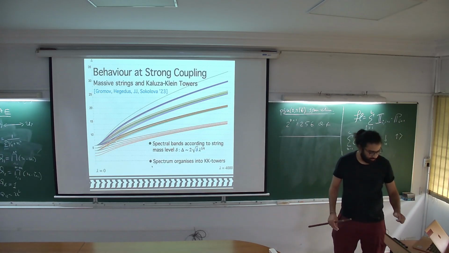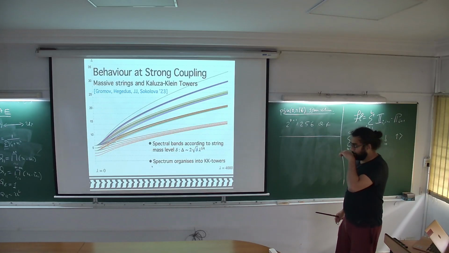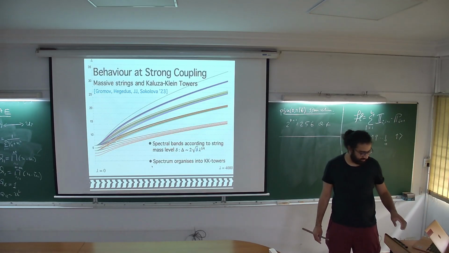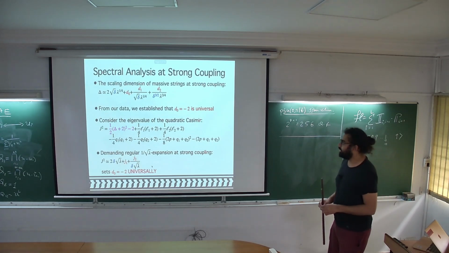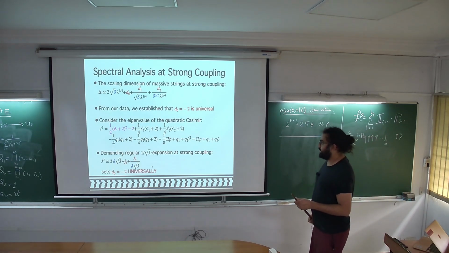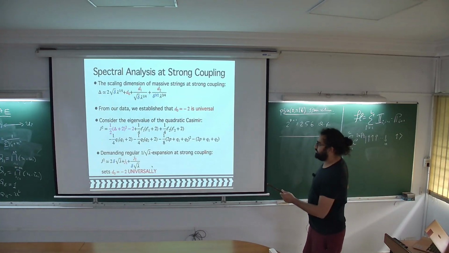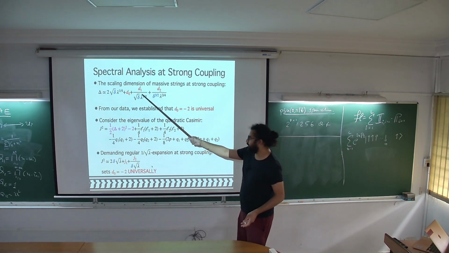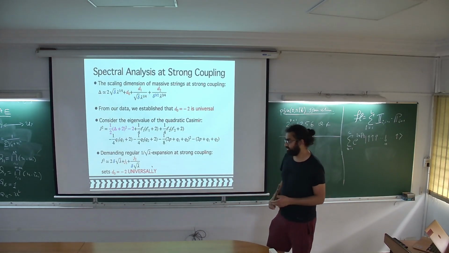Okay, right. So now that we have this information, how do we actually use it? Let's analyze a bit the spectrum at strong coupling. As I said, we need to reproduce the scaling dimension of massive strings.